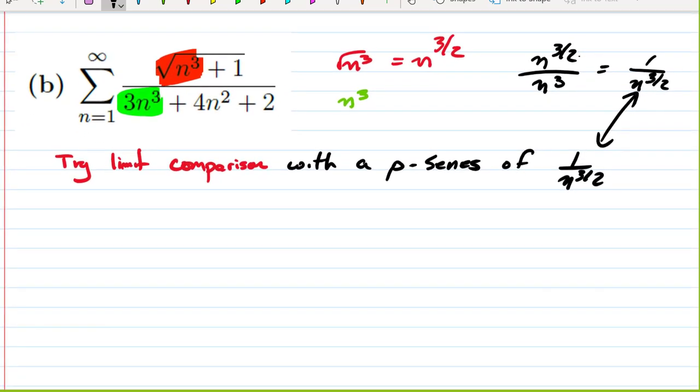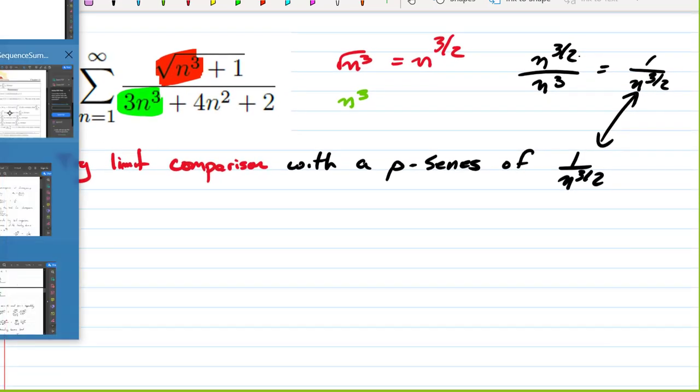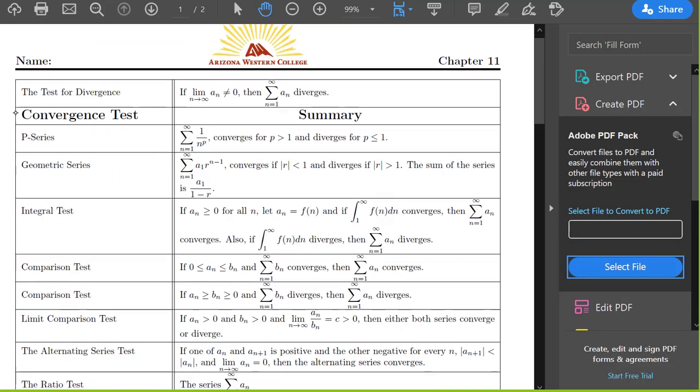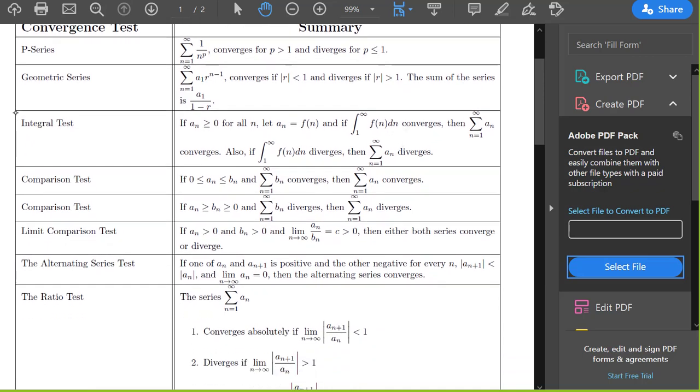So now, if we go and look at our sheet here, if we try limit comparison, we have the following.